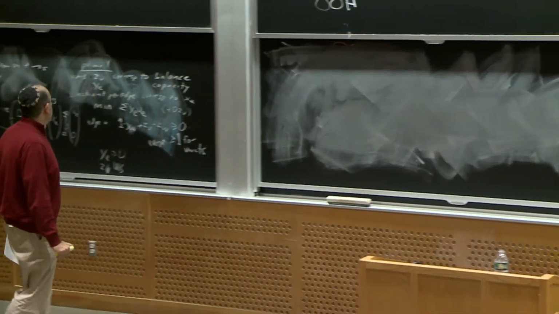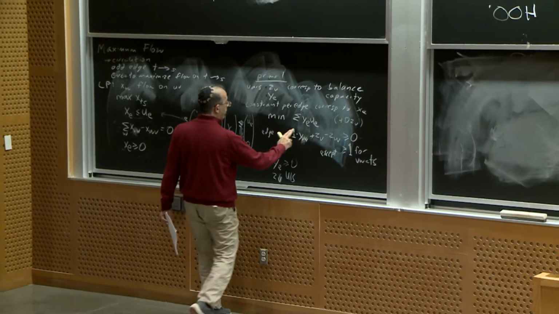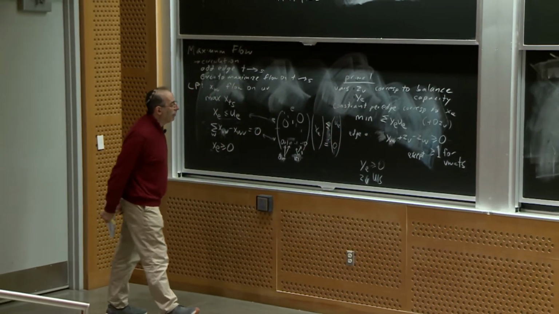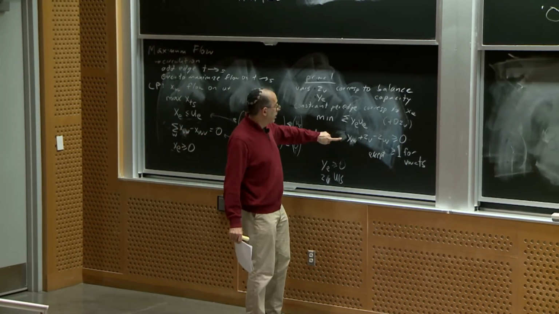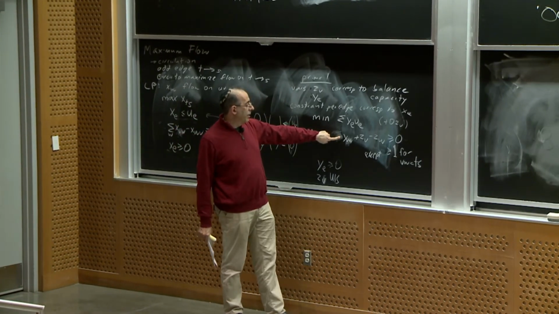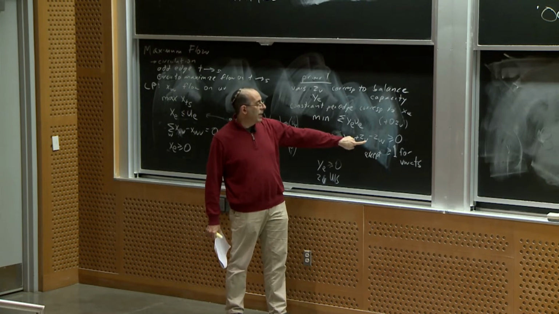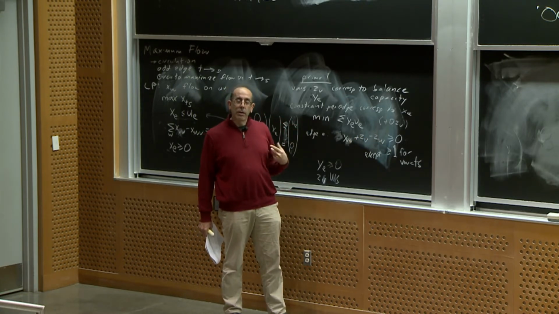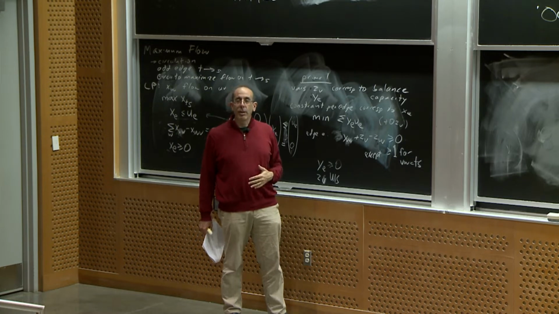Okay? So I think the creative insight starts by looking at these constraints. ZV plus YVW minus ZW is greater than or equal to 0. Does that sort of equation ring a bell?